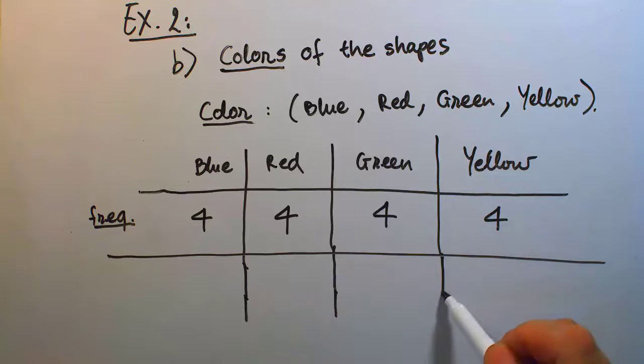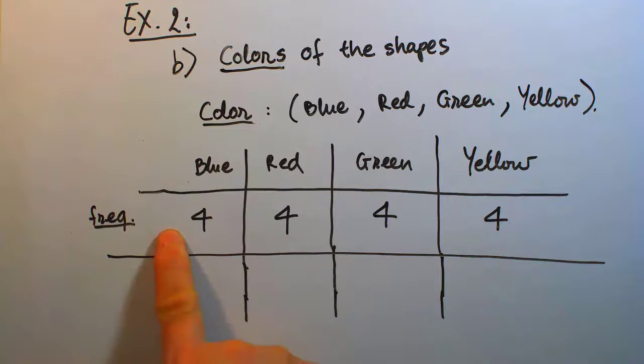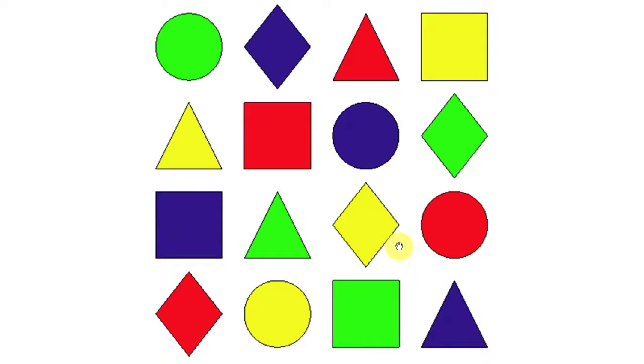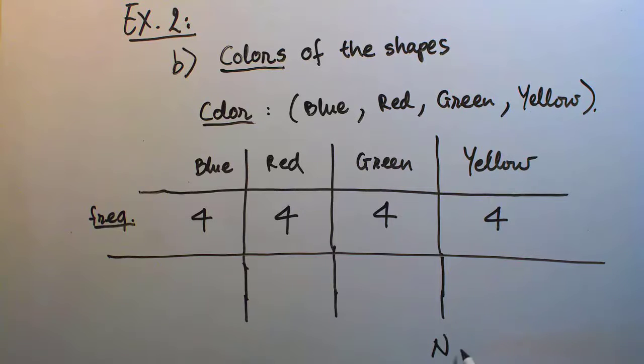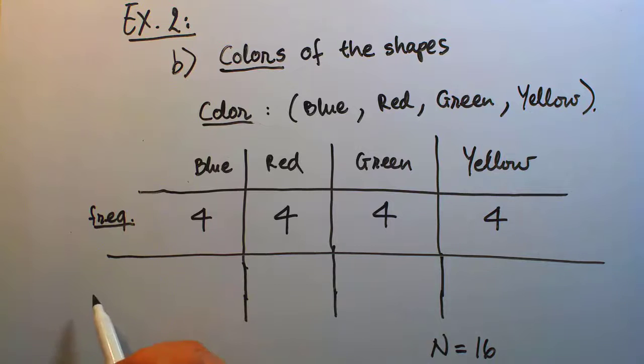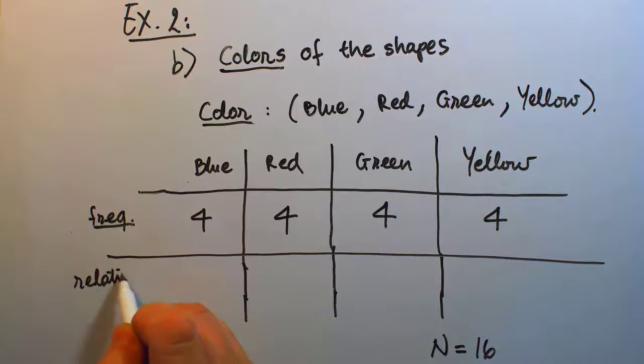And then once we've had the actual count here, the actual frequency, now let's quickly pause the video and look at the picture here. Our n count in this data, we are having a total of 16 shapes, 16 objects. And so in that way, I'm ready to make my way into the relative frequency.